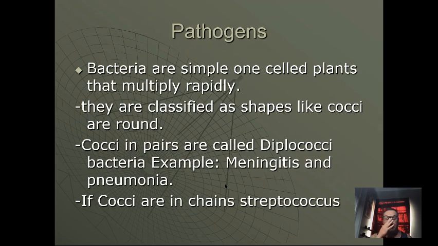How these bacteria are arranged creates a pathogen itself. Two cocci together equal diplococci, examples being meningitis and pneumonia. So when you get pneumonia, all you have is two little cocci coming together, little circles.